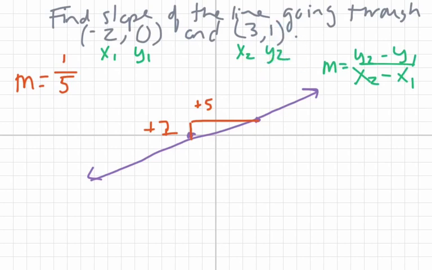So y2 is 1 minus y1, which is 0. x2 is 3 minus, and here you want to be really, really careful. There is a minus inside that formula, but there's also a minus attached to the x1 value, okay?